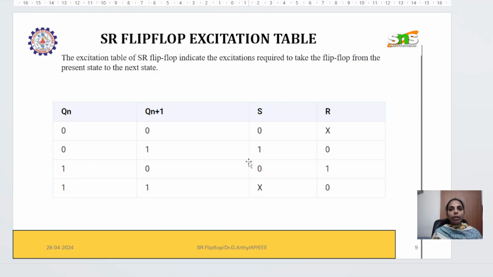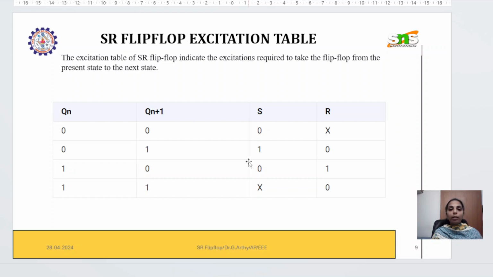First, based on the working principle, we will draw the truth table. From the truth table, we will draw the characteristic table. The characteristic table is one which gives the output or the next state when the inputs and the present state are given. Once after drawing the characteristic table, we will derive the excitation table.